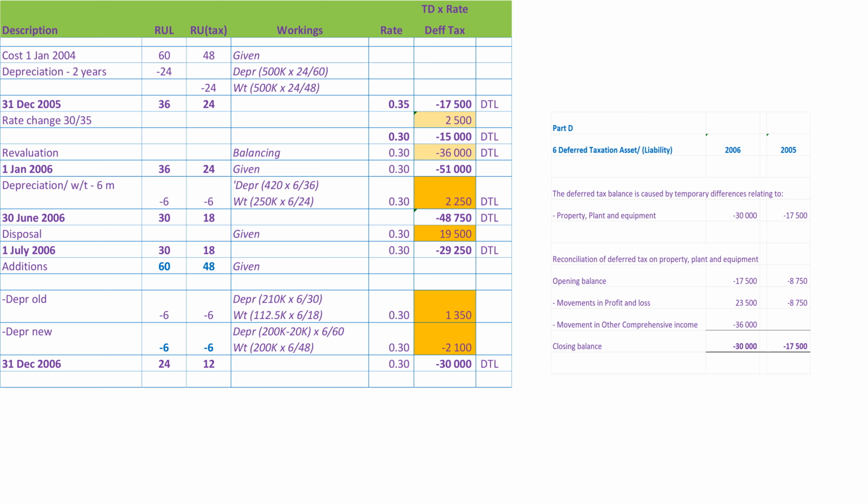There you have it, people. This is your final note on your deferred tax asset or liability. The rate change of 2,500 is not disclosed in your deferred tax asset or liability note, but it is disclosed in your deferred tax profit or loss note.